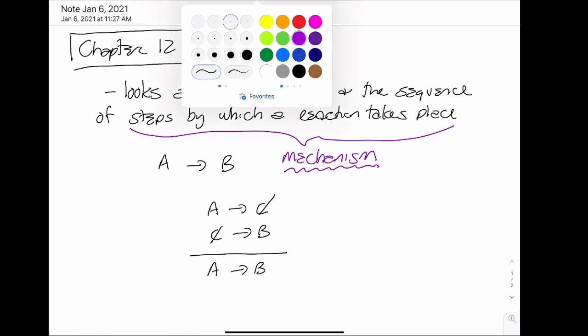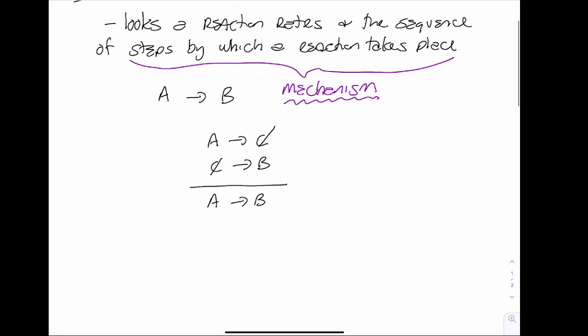So we're going to look at some of that. Reaction rate, I had said that's how quickly my reaction occurs. Often I'm just going to say rate, but I am talking about my reaction rate.